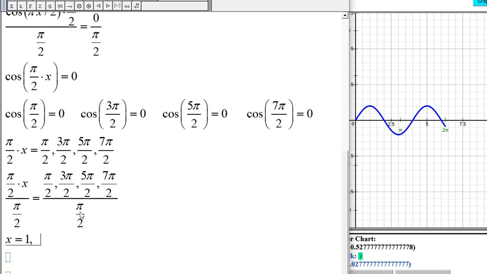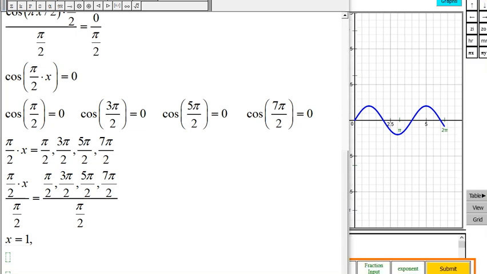And then 3 pi over 2 divided by pi over 2, that would be 3. 5 pi over 2 divided by pi over 2, it would be 5. And then 7 pi over 2 divided by pi over 2 is 7. So these are the critical numbers.